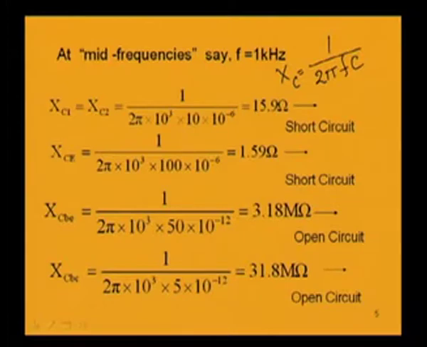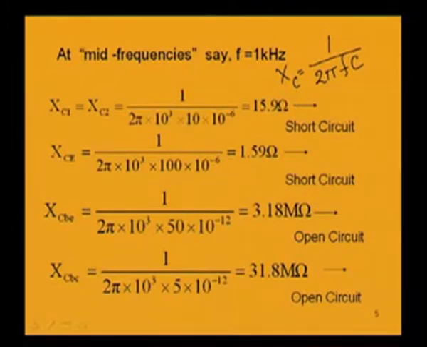So at this frequency of operation, the capacitive reactance becomes 3.18 megohm. Similarly, the capacitance in the collector base junction of the transistor, which gives XCBC, is equal to 1 by 2 pi into 10 to the power 3 into 5 picofarad, which is the typical value we are taking. So that comes to 31.8 megohm.